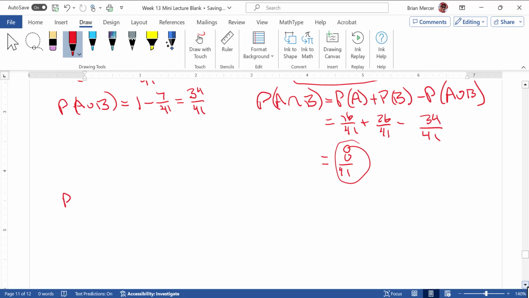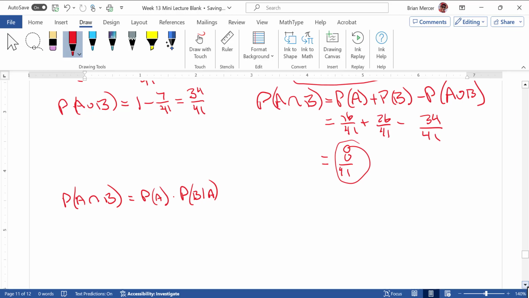So probability of A intersect with B, we've said, is the probability of A times the probability of B given that A occurred.